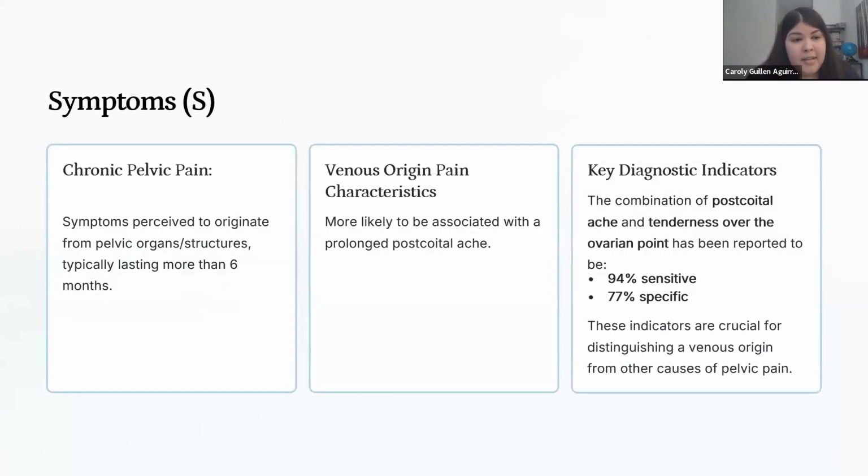In chronic pelvic pain, with symptoms perceived to originate from pelvic organs and structures, typically lasting, and this is very important, more than 6 months, the venous origin pelvic pain is more likely to be associated with a prolonged postcoital ache, and the diagnostic indicator is the combination of the postcoital ache and tenderness over the ovarian point. And this was reported to be 94% sensitive and 77% specific.